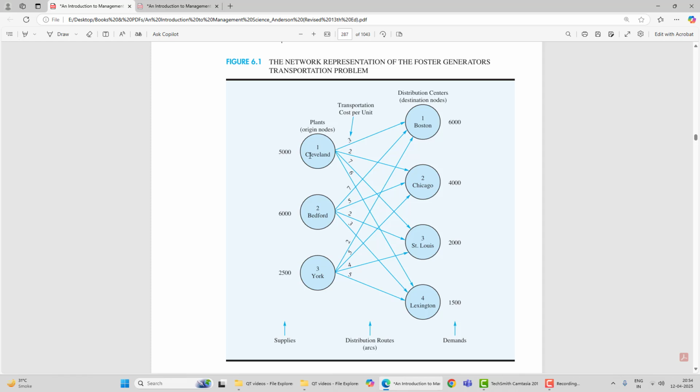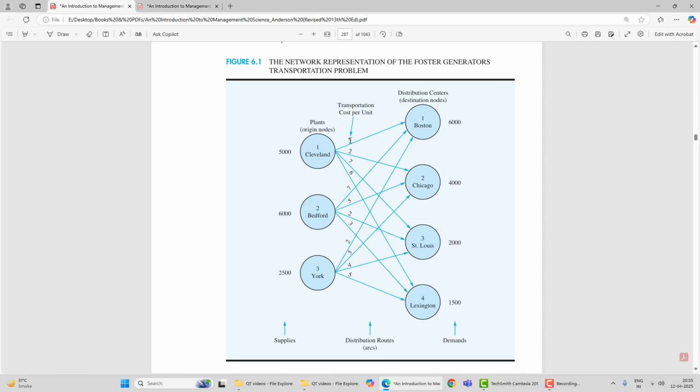So you have your origin plants here on the left side with their production capacities, which are called supplies. On the right side you have the 4 distribution centers, and their demands are given here: 6,000, 4,000, 2,000, 1,500. Connecting them, currently from all the plants to all the distribution centers the road network is available, but it will obviously be at different per unit cost because the distance will differ.